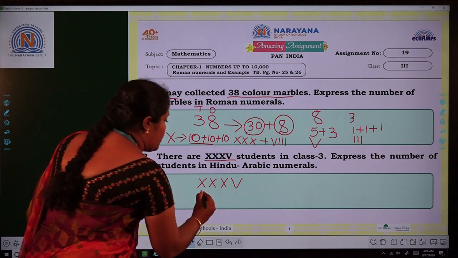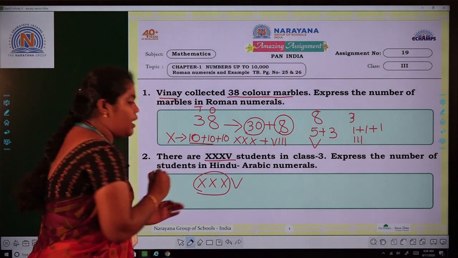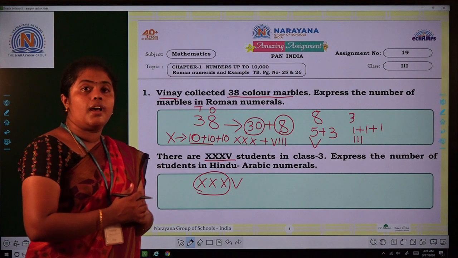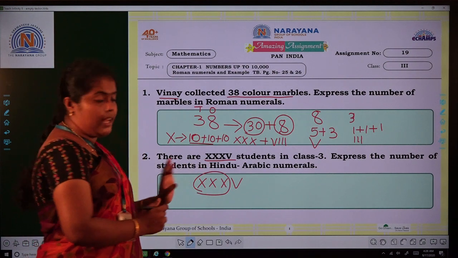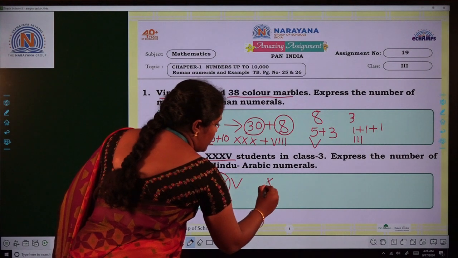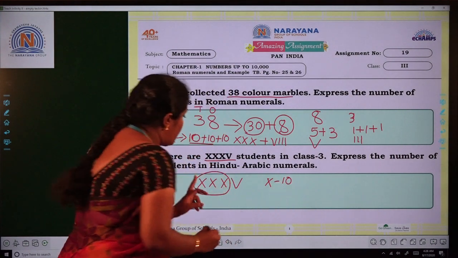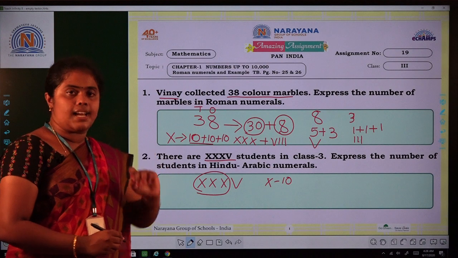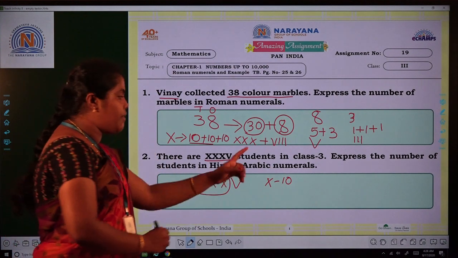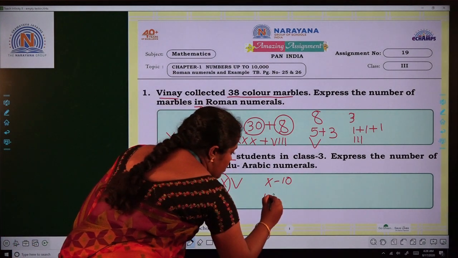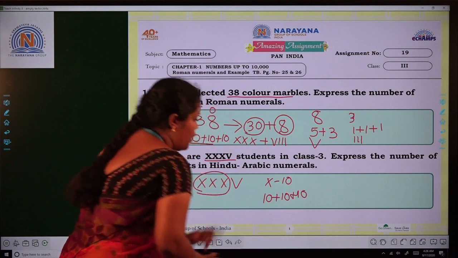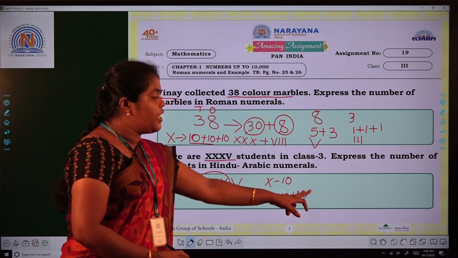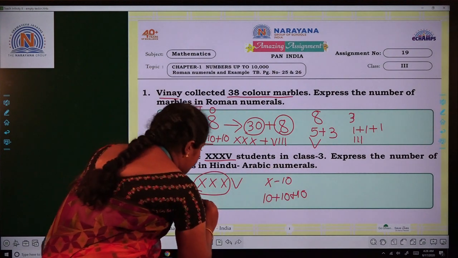So now only I said when we are repeating the same symbol, it means we have to do the addition of their values. So here the X value is 10. See how many X are there? 3 X are there. So we have to do the addition of their values. 10 plus 10 plus 10. 10 plus 10, 20 and 20 plus 10, 30.